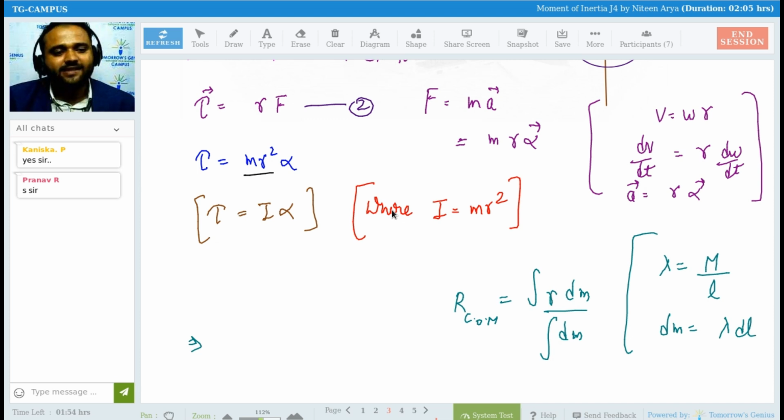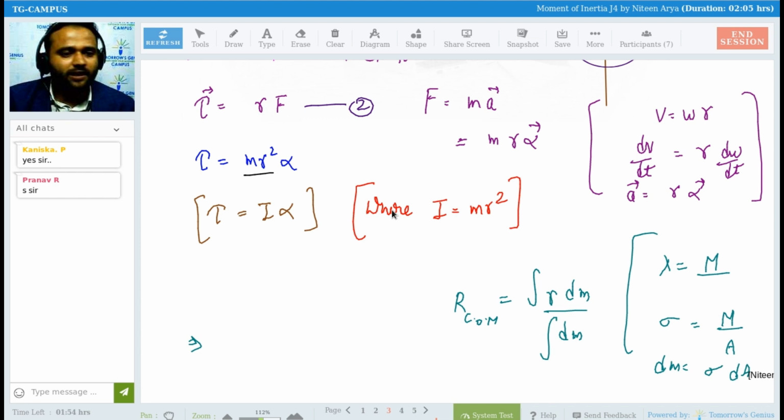Got it now? In the same sense, for a surface mass distribution, the density is total mass upon area. For a two-dimensional body, dm is going to be rho dA, the small area element of that body. In the same sense, it can be done for 3D also.